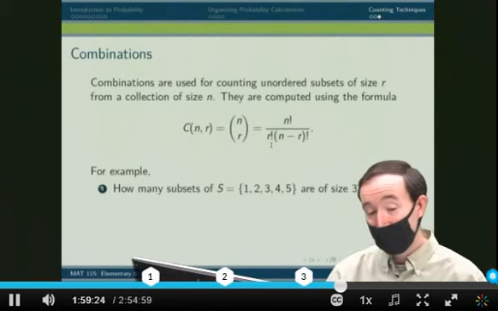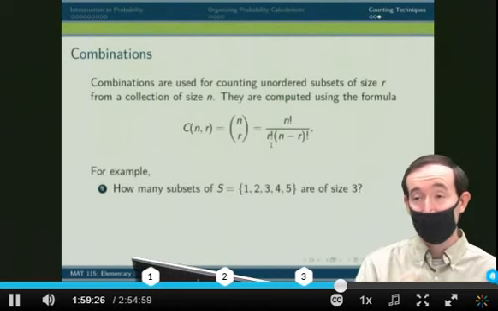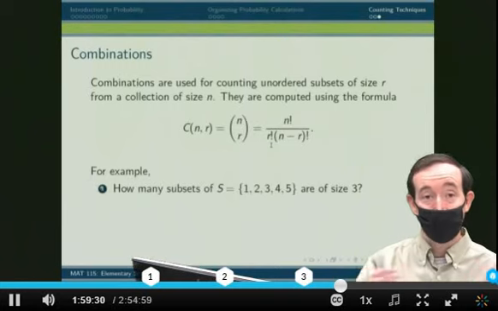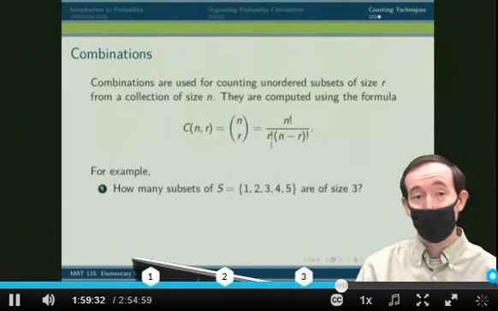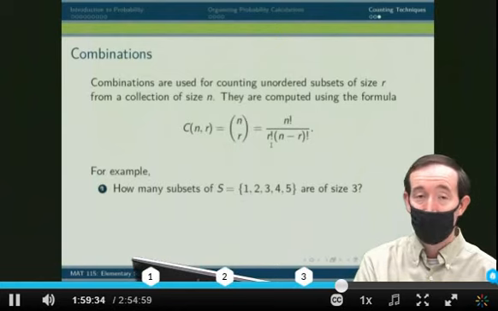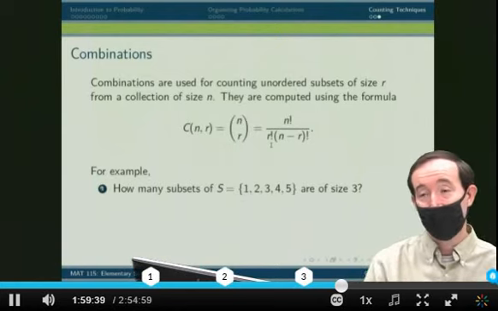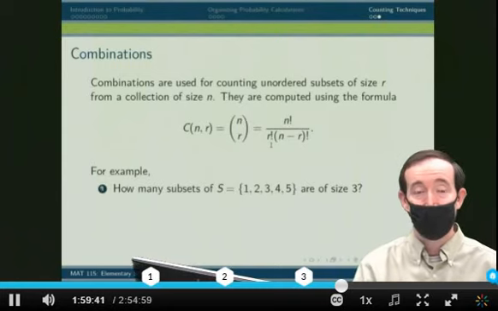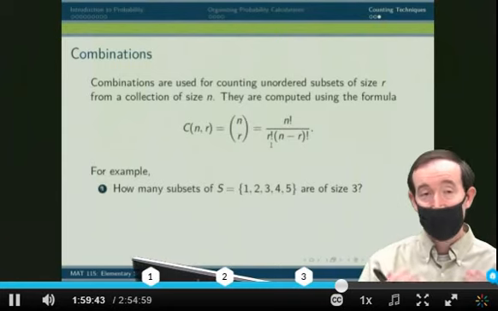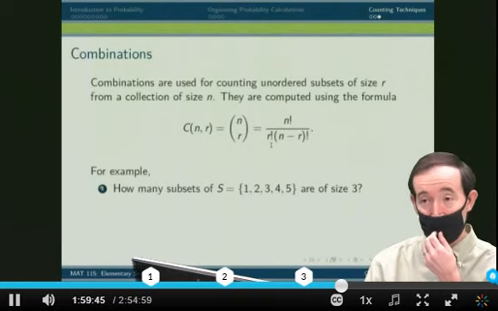Combinations are actually useful for a lot of things. If you've done FOIL as an algorithm for multiplying polynomials, you know that there are 4 different terms to consider when you multiply a binomial by a binomial, right? And we also learned that if I take x plus y squared, it's x squared plus 2xy plus y squared. Well, that's a simple case of what's called the binomial theorem.